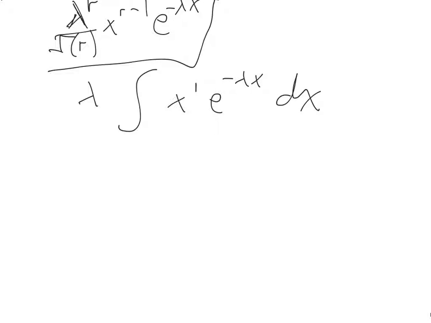Everybody happy so far? Okay, so I know, again, this is the definition of the gamma right here. I also know when I look at these terms in the front, those leading terms, those are just constants. They don't have the x's in them or anything.